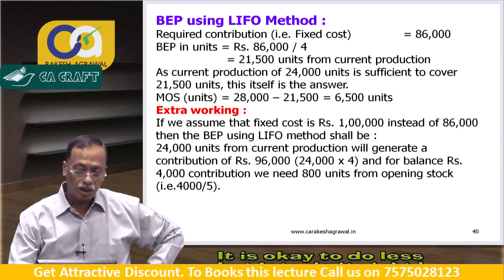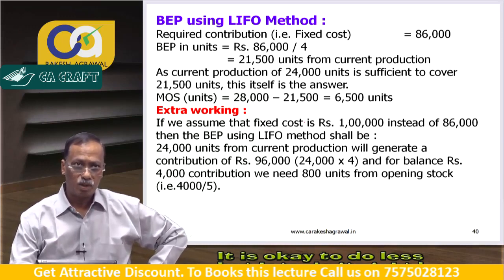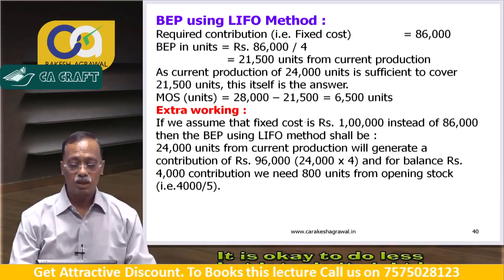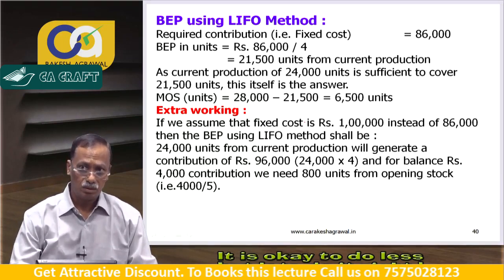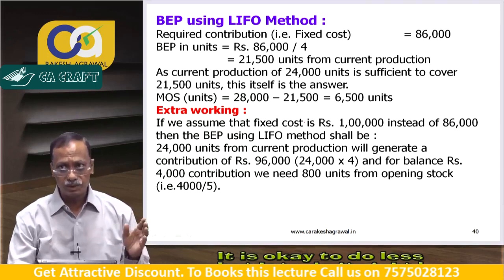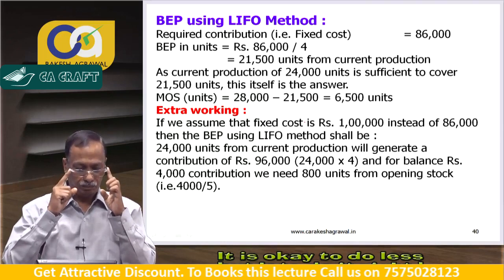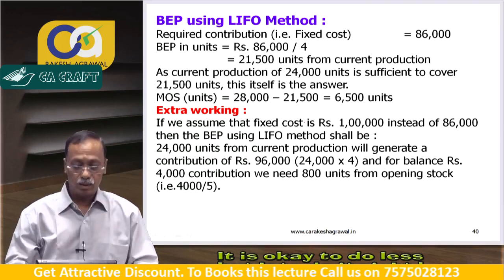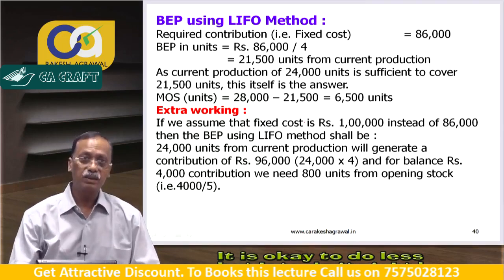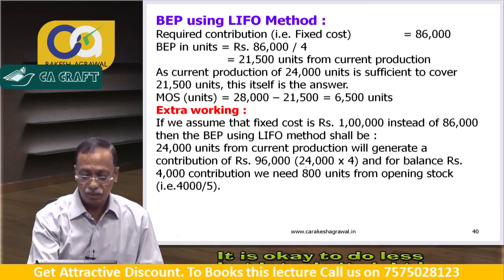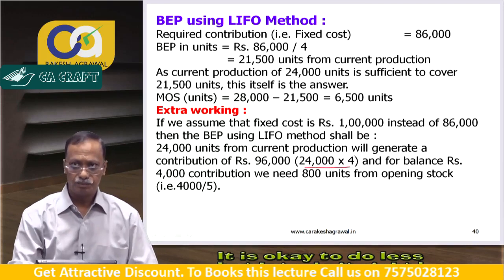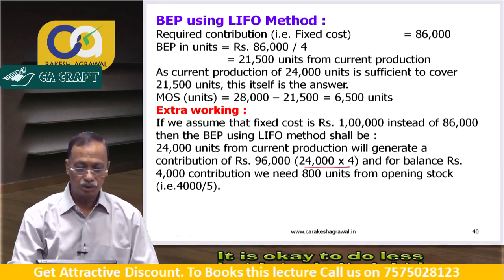Write down: 24,000 units from current production will generate a contribution of rupees 96,000. Show the working in the bracket, that is 24,000 into 4.